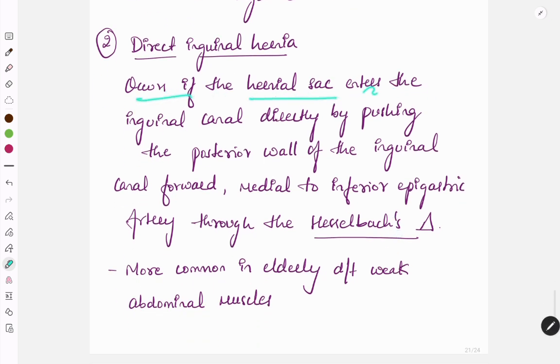This occurs if the hernial sac enters the inguinal canal directly by pushing the posterior wall of the inguinal canal forward, medial to the inferior epigastric artery, through Hesselbach's triangle. We saw that indirect hernia occurs lateral to the inferior epigastric artery; here it is medial, and the hernial sac directly pushes the posterior wall of the inguinal canal forwards.